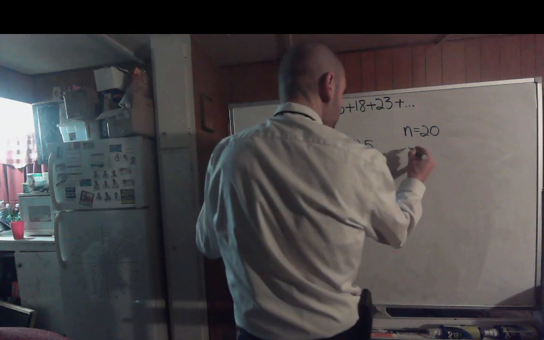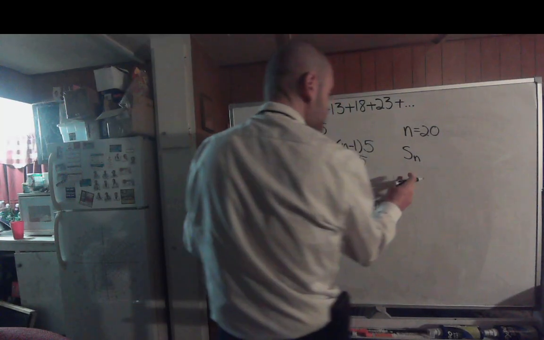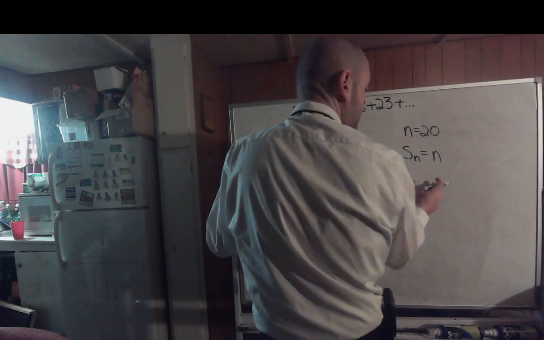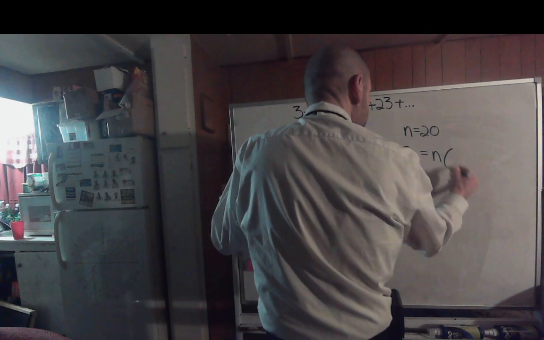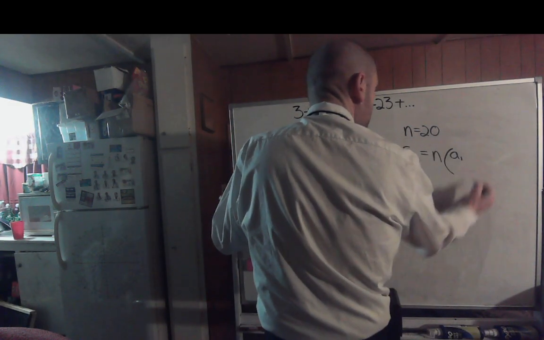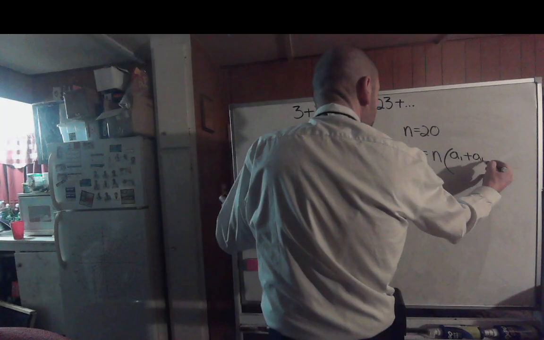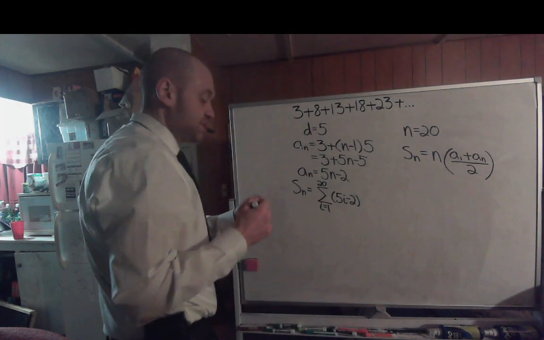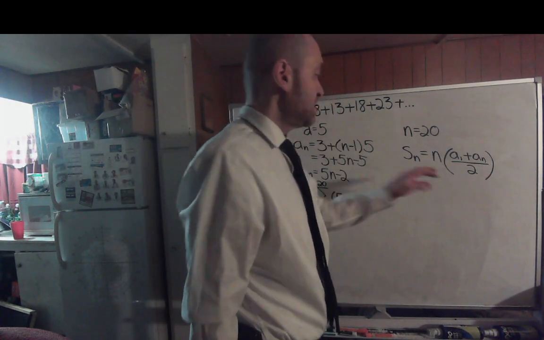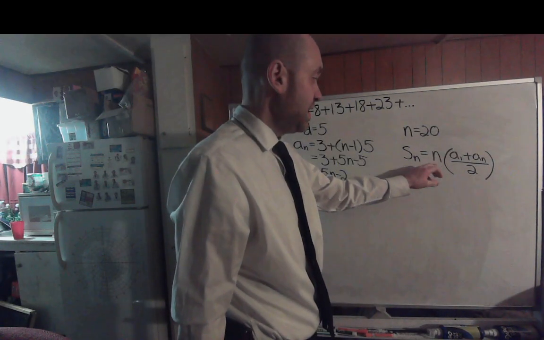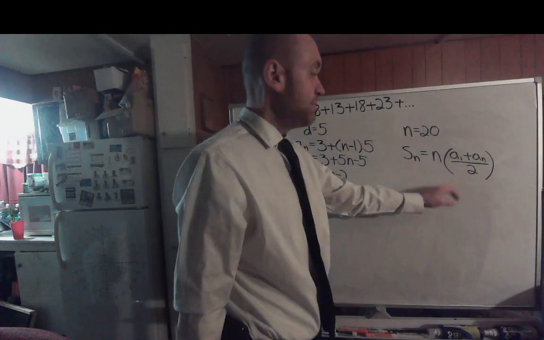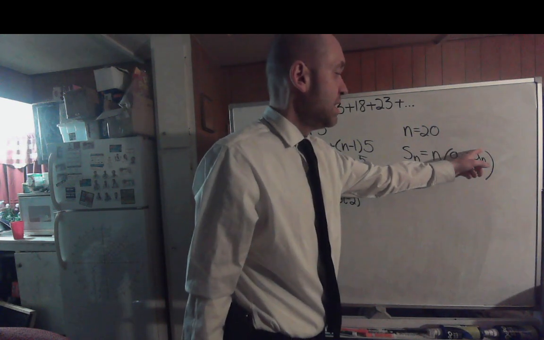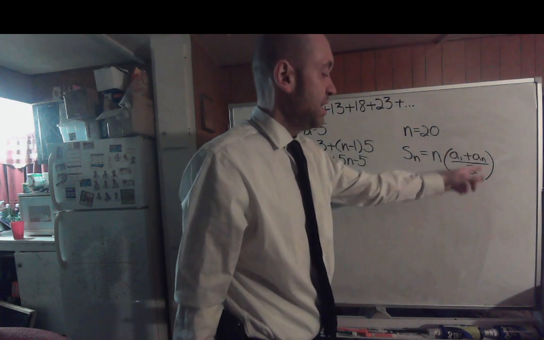The formula for finding the sum of an arithmetic sequence is always the number of terms you're seeking to add, that n, times your a sub 1 plus your a sub n, divided by 2. That's how you find the sum of an arithmetic sequence. So it's going to be the number of terms you're seeking to find the sum for times the average of your first term and the term you're seeking.